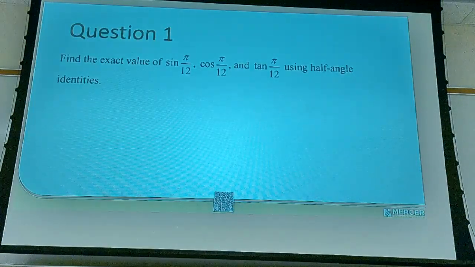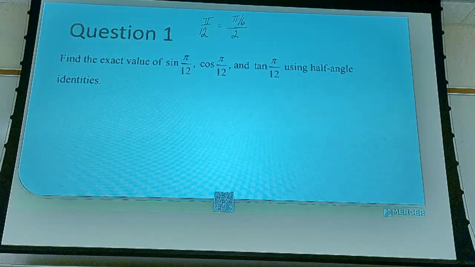Here we're going to use the half angle. Pi over 12 is pi over 6 divided by 2, right?